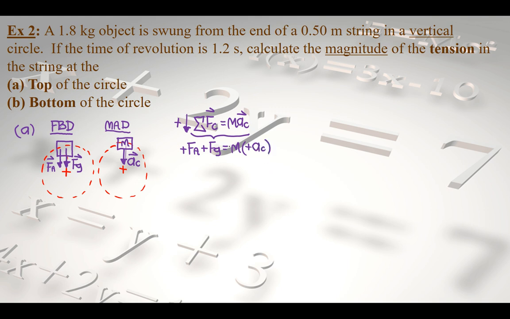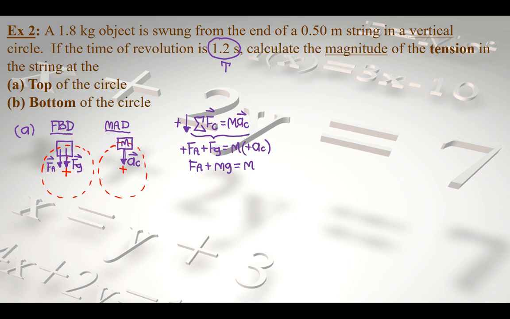Okay, let's expand this a little bit further. So this would be FA. I don't know the force of gravity. I do know the mass this time around, and you actually do need to know the mass in this question. So FG is mg, and this is equal to m multiplied by... Now, the thing here is it tells you what the period is, not the speed.